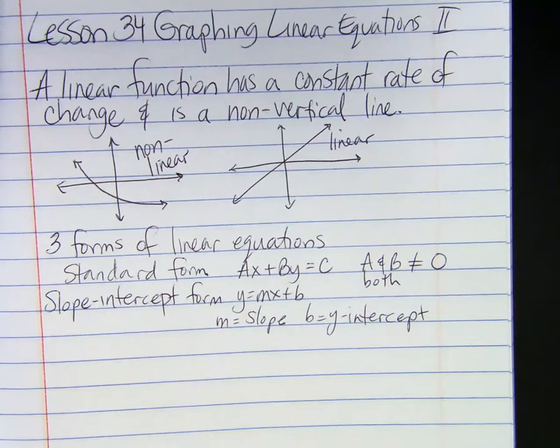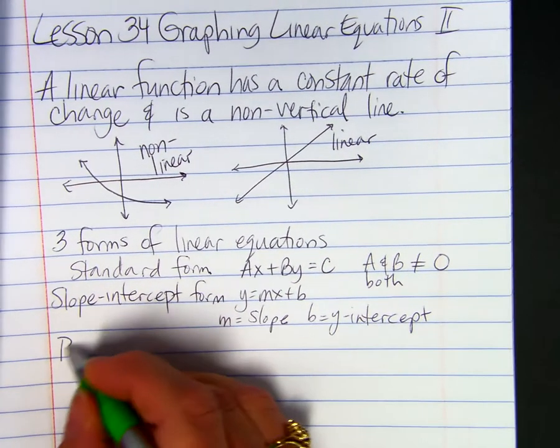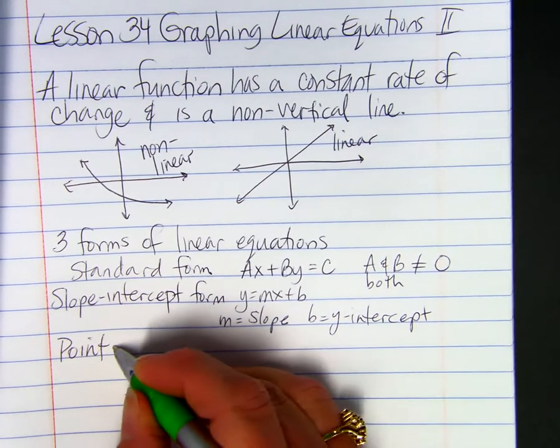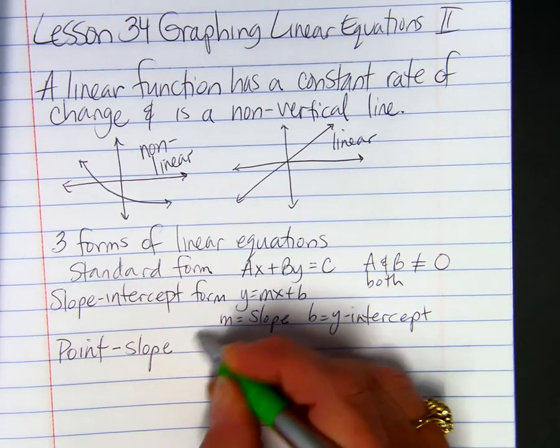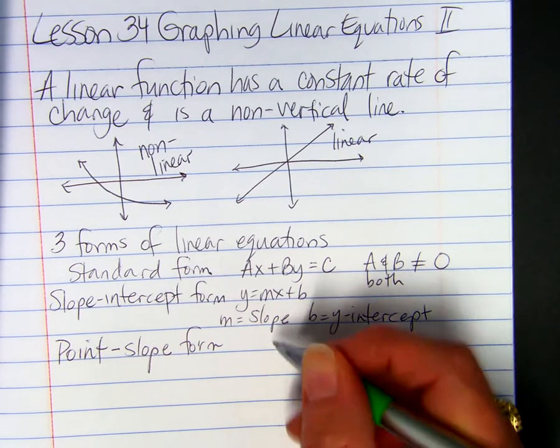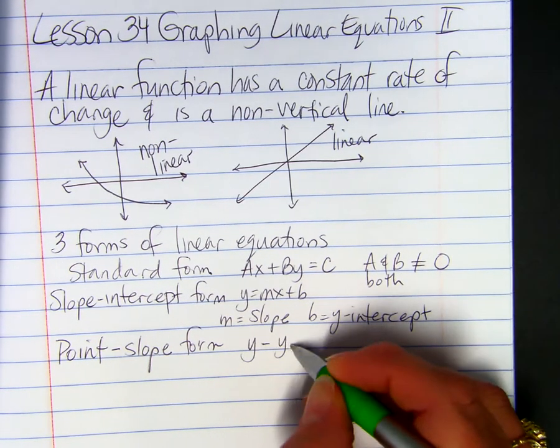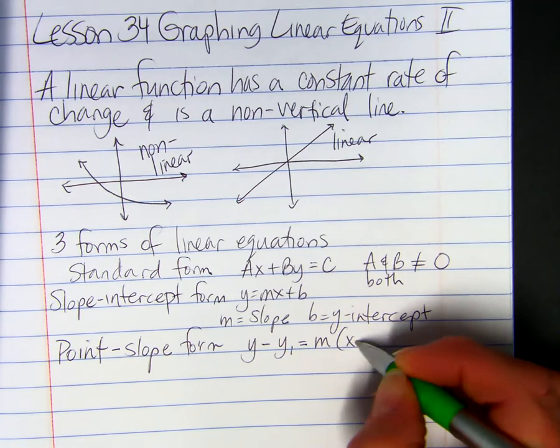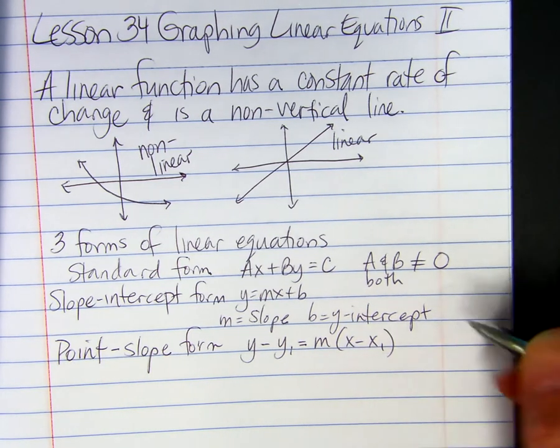And the third form is called the point-slope form. If you have one point and you know the slope, you can use that form to write the equation. Y minus y sub 1 equals m parentheses x minus x sub 1.